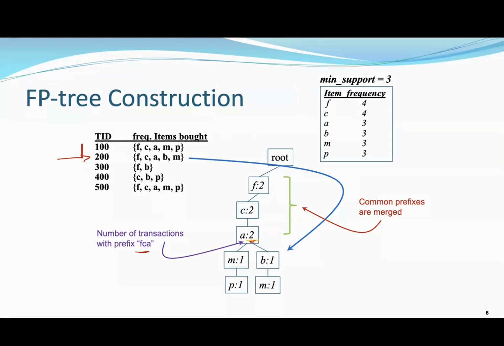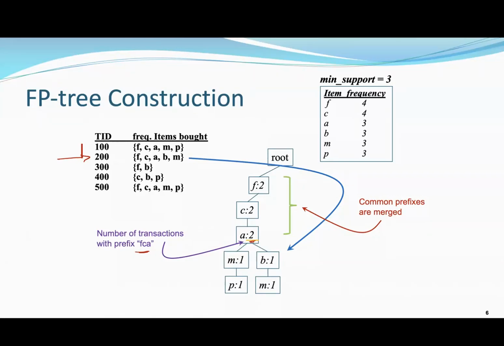It means that if you go from the root to this node, you see FCA. So this 2 here means that there are two transactions whose prefix is FCA. Now you notice that this is 1. Well, this node here represents the prefix FCAB, and this count is 1. It means that for the first two transactions, there is one transaction whose prefix is FCAB. All right, is that clear?